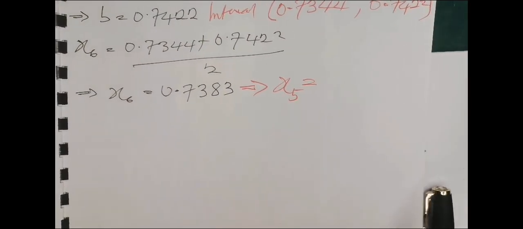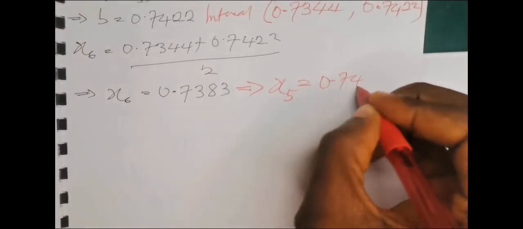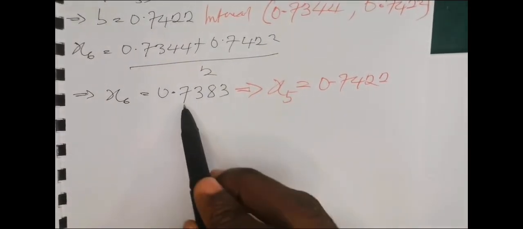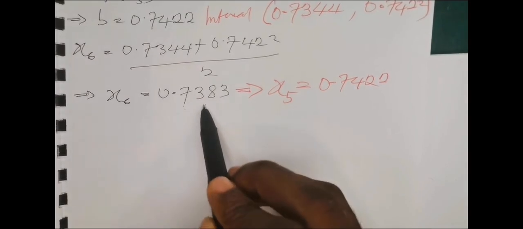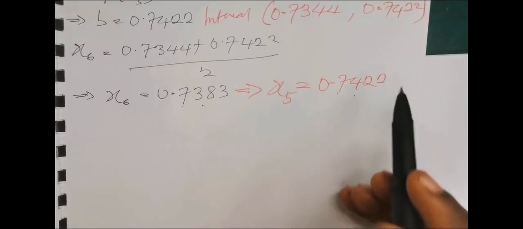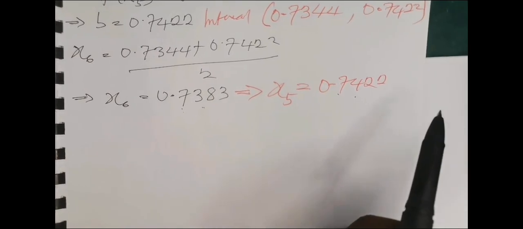Upon comparison again, correct to two decimal places, this is 0.73 and this is 0.74, which means the value hasn't converged yet. So we'll further iterate.